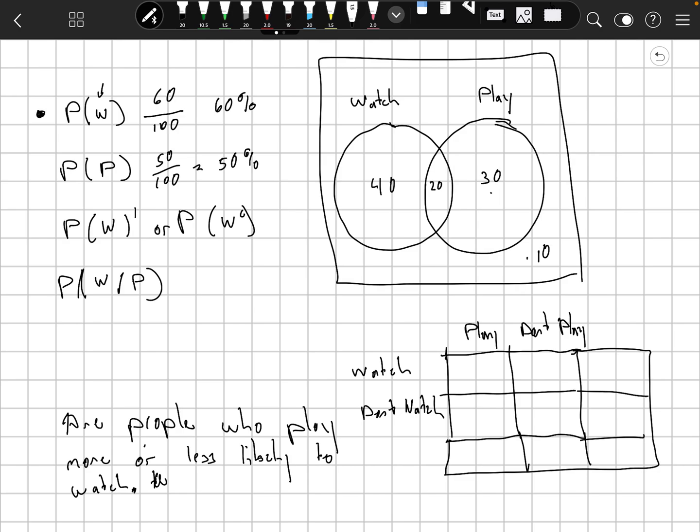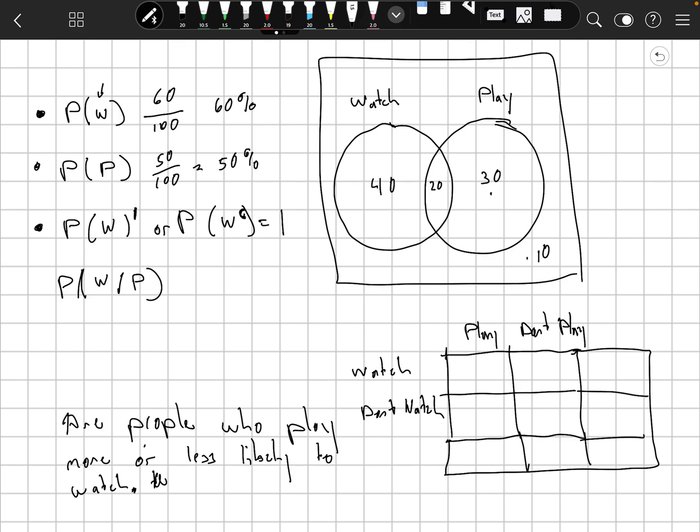Now I've got this next line here. This is the complement of the probability of people who watch. Complement, sometimes it's written with a slash there or a little c, and it means the opposite. So people who do not watch. In this case, the probability of people who watched was 60%. So the people who do not watch, it's going to be that 30 plus 10, it's going to be 40%.